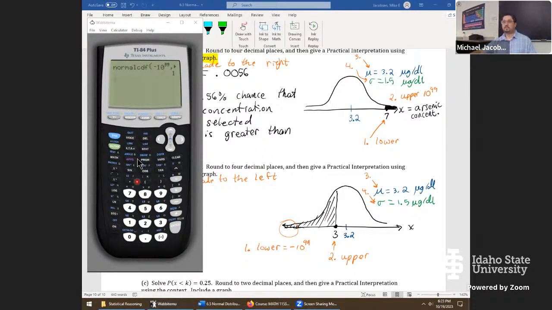Somehow my red dot disappears for no reason. Go second, bars, normal CDF. This one changes to an upper bound of 3 to match the graph. And the nice thing about these problems is it stores your previous parameters, so we can just power through hitting enter now. The value we get would be 0.44696.